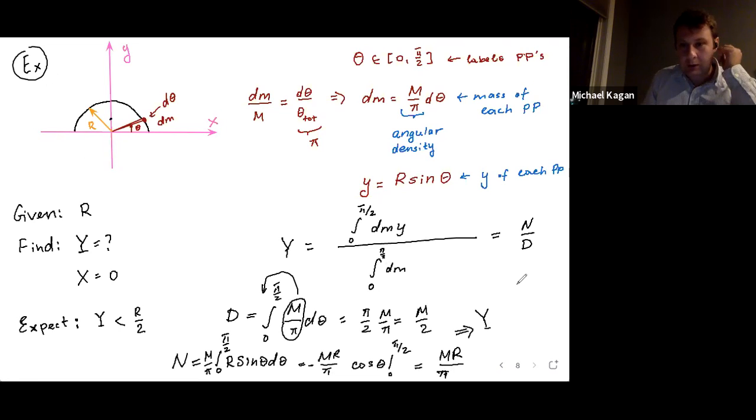The y, which is n over d, what do we get? R times n over d, right? So you take this and divide by this. 2 goes on top, so it's actually 2 over pi.